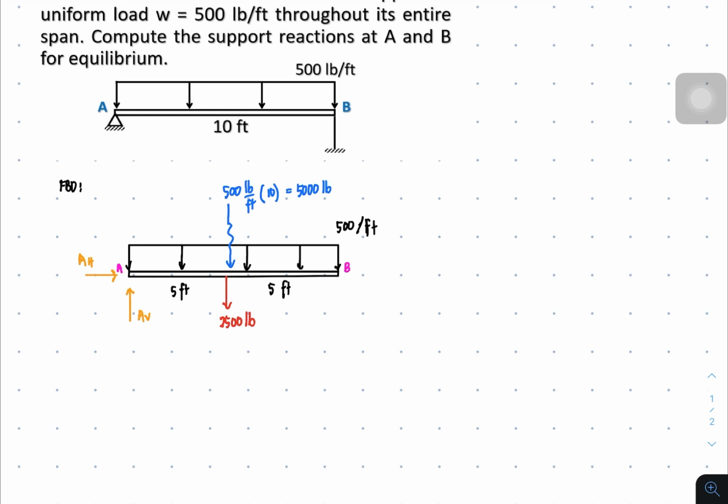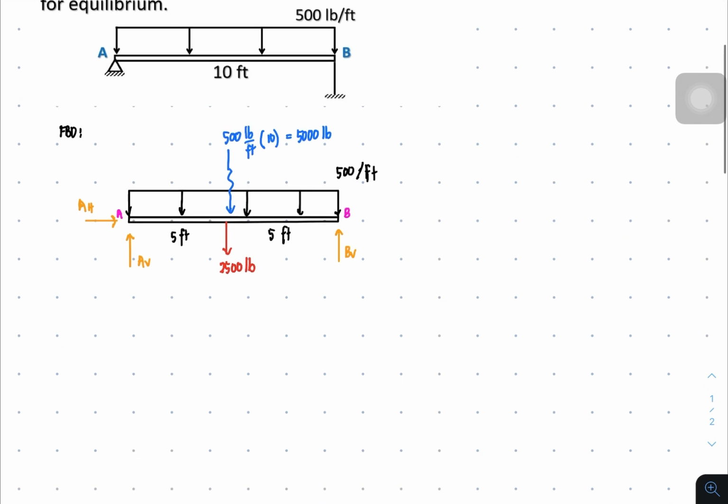Since this is a rod, it is considered a cable or a link, so we provide the reaction along the section of the support, vertical, and you have BV here, and I will have the direction to be upward. Now we have translated all the support reactions, equivalent resultants, and the weight of the body itself.